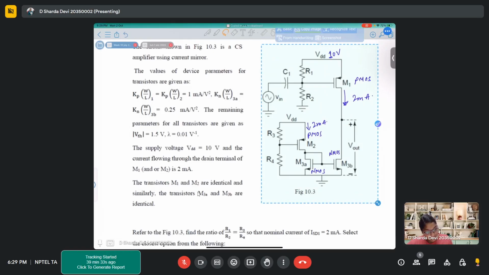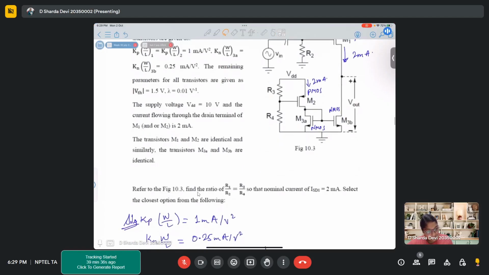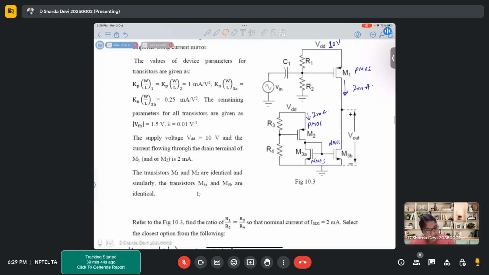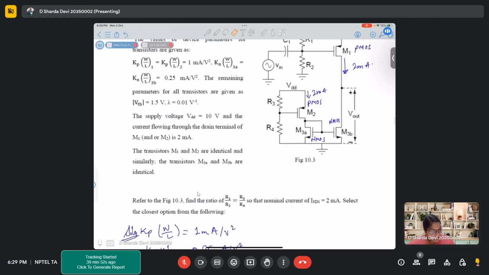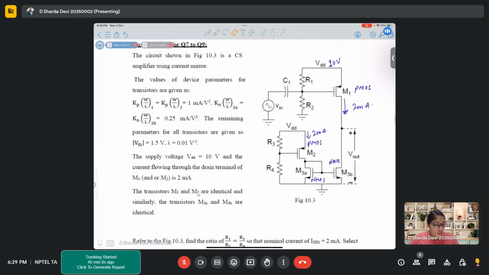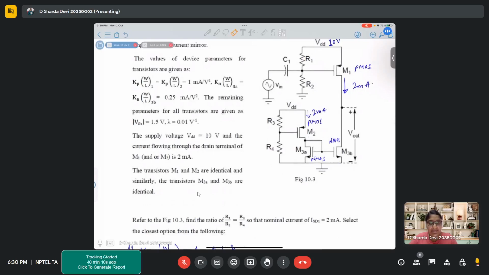Now with this information, refer to the circuit given in this figure and find the ratio of R1 by R2 and their ratio with R3 by R4, so that the nominal current of 2 milliamperes is flowing through the MOSFET M1. To obtain this current of 2 milliamperes, what is the ratio that needs to be maintained between R1, R2, R3 and R4?